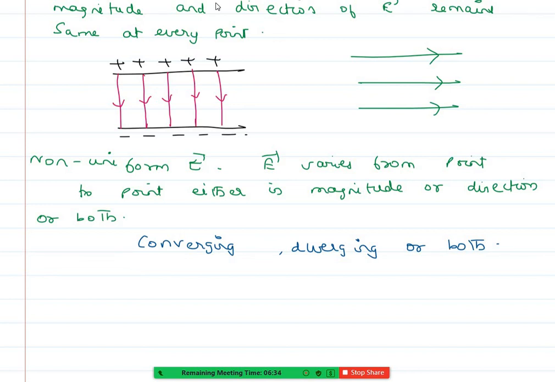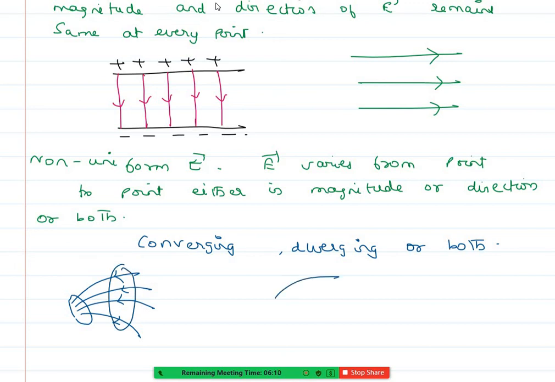So converging means what? See the arrow mark. Here the electric field lines are traveling this way. So here it is a converging field, because here the field lines are relatively closer than at this point. Diverging means what?